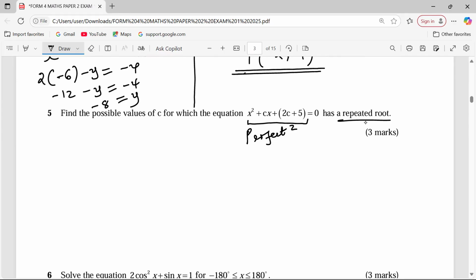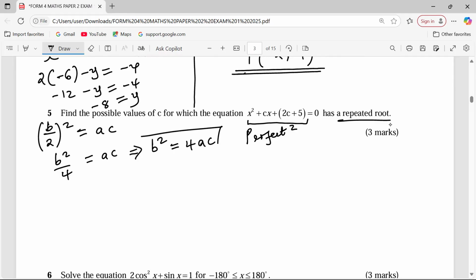Now, if this is a perfect square, then there is how the terms in a perfect square are related. They are related such that b over 2, squared, should give us AC. This can also be expressed as b squared over 4 equals AC, which can further be described as b squared equals 4AC. So this is how the terms in a perfect square are related.